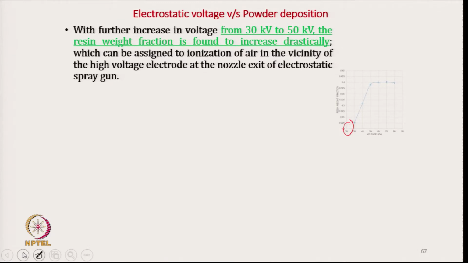With further increase of voltage from 30 to 50 kilovolt, the resin weight fraction is found to increase drastically, which can be assigned to ionization of air in the vicinity of the high voltage electrode at the nozzle exit point, and that helps in the attraction of the particles by the carbon toe.